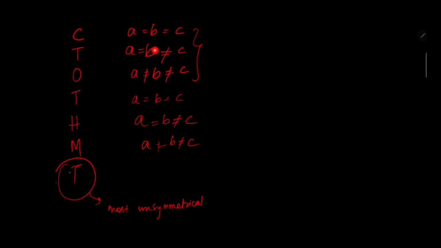Just remember it as tri means 3. So all the 3 axial distances will be different. All the 3 axial angles also will be different. So A not equal to B not equal to C. Alpha not equal to beta not equal to gamma. Okay, are you clear with this?